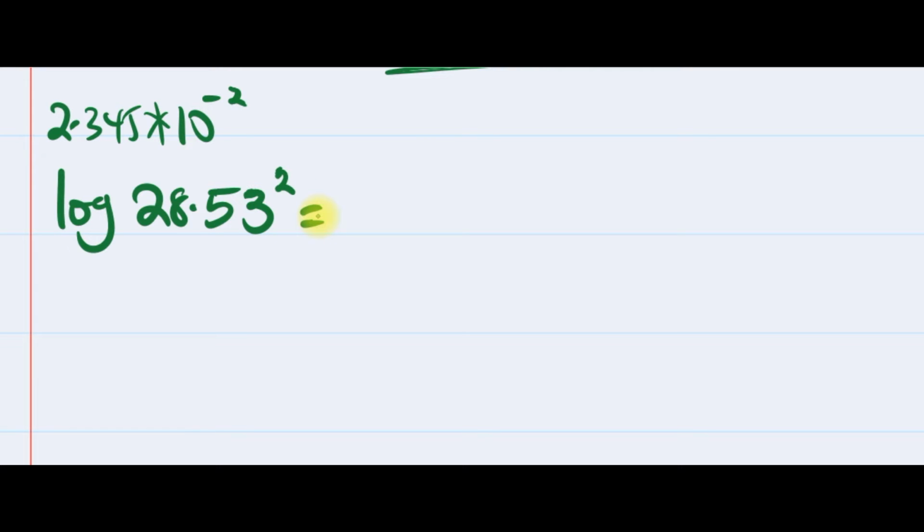Okay, do you remember the laws of logarithm? We are going to use it here.